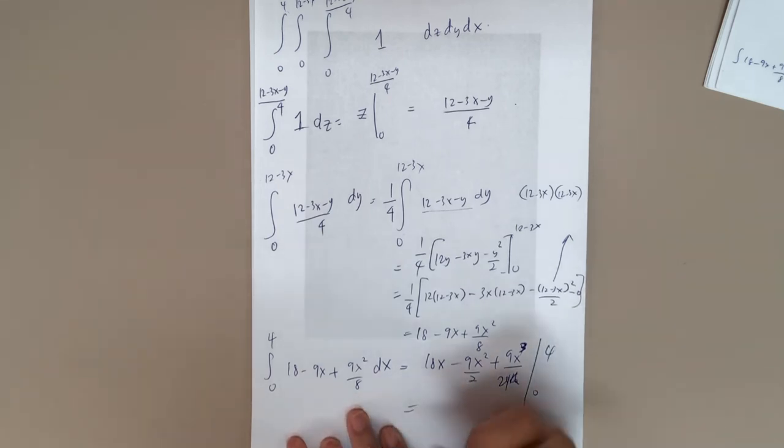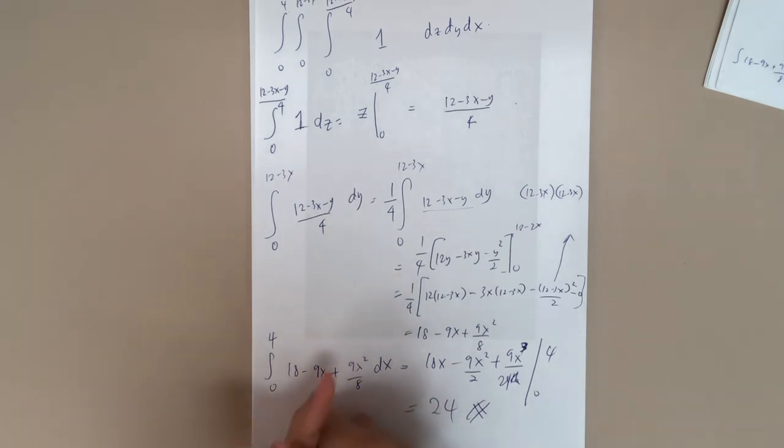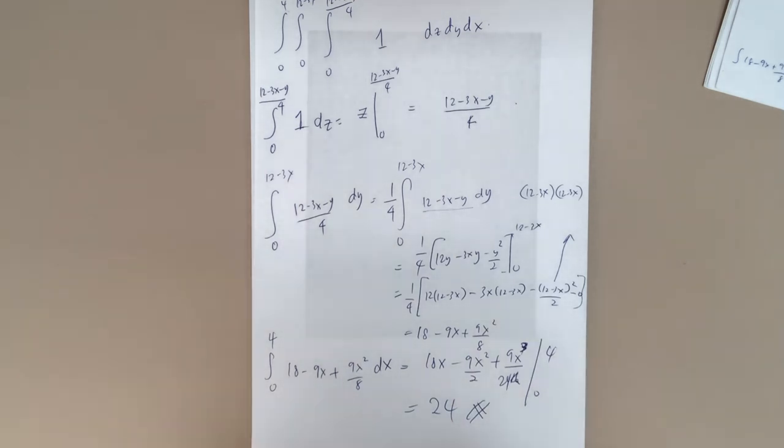Substitute 0, 4 into x, so the final answer that you should get is 24. If you solve it by using type 2, you should get 24. Same goes for type 3, you should get 24 also. If it's wrong, it means maybe I'm doing wrong or maybe you do it wrong, but I think this is the correct one, 24.